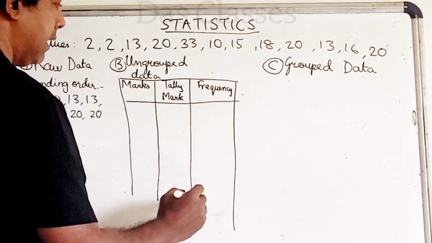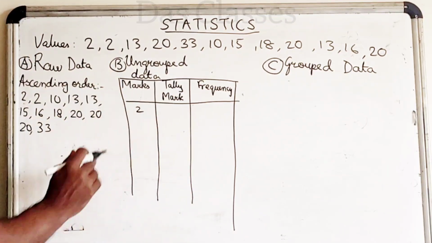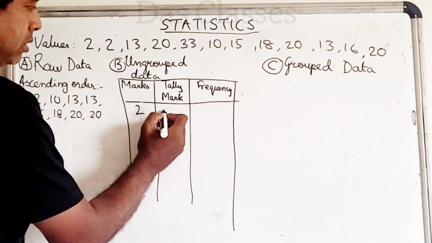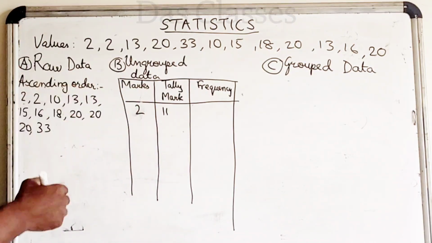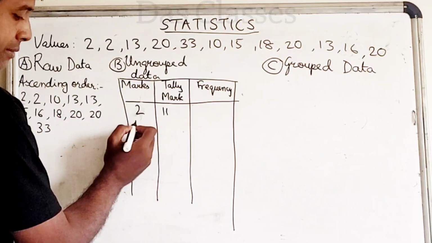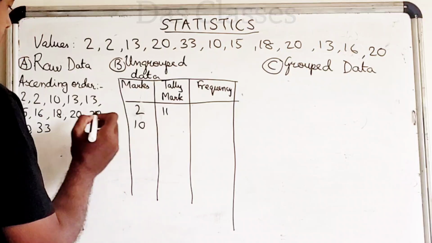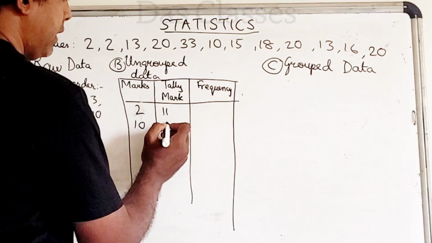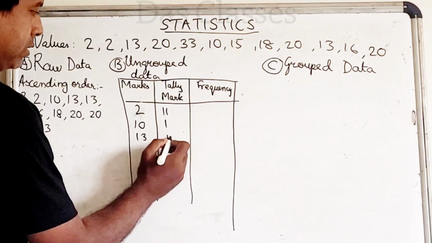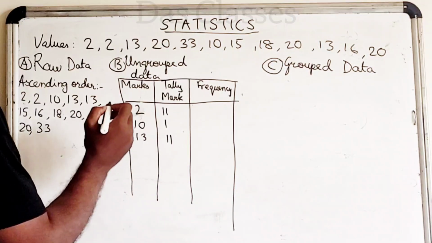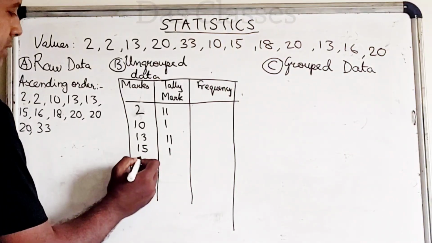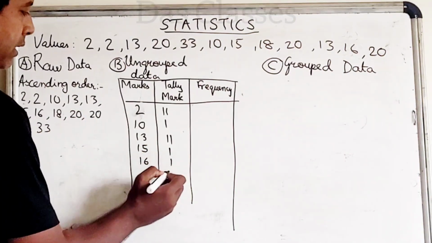So the values, as we can see, 2 is 2 times, so we put these bars. Next number is 10. 10 is 1 time. Next is 13. 13 is 2 times. Next is 15, 1 time. Next is 16, also 1 time.